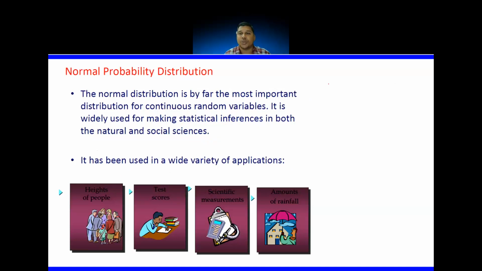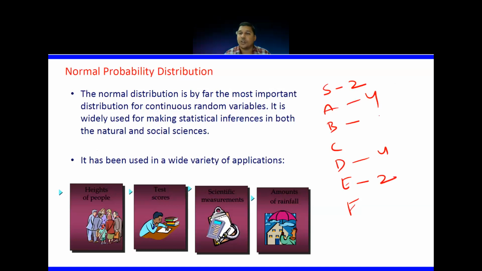We do normal distribution grading like S grade, A grade, B, C, D, E, and F grade. So here we give 2, maybe this is 2, if this is 4, this is 4, then if this is 8 and this is 8, that way we distribute it normally. That's why it is used for test scores. So normal distribution is followed widely in a lot of applications.